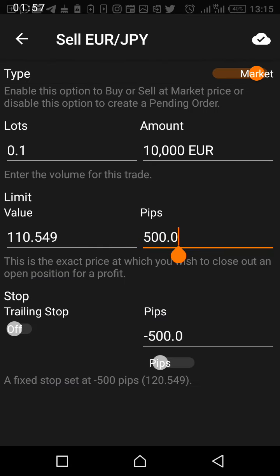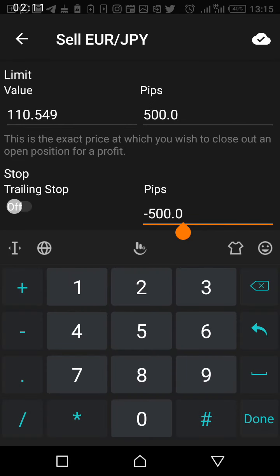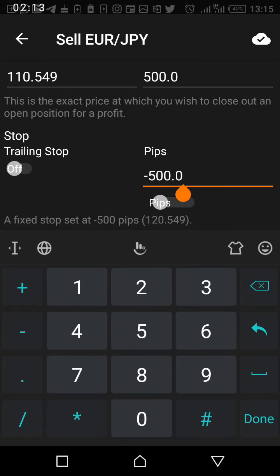But either way, whatever you input as your take profit, it will calculate the equivalent pips. Then you can choose to use trailing stop or not, or you can set your stop loss based on the pips. So whatever is your stop loss, calculate the pips from your entry point and input the value here.